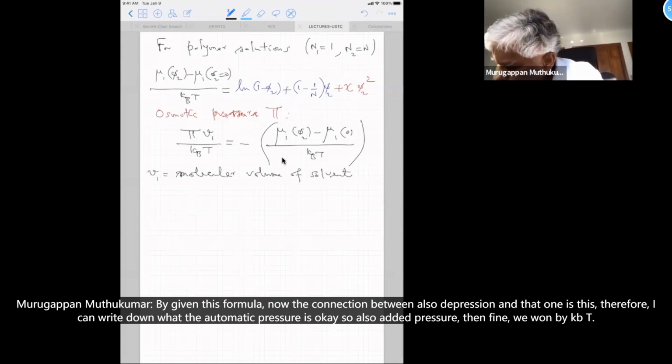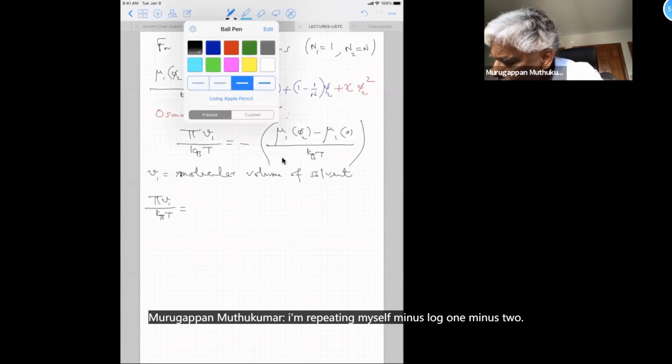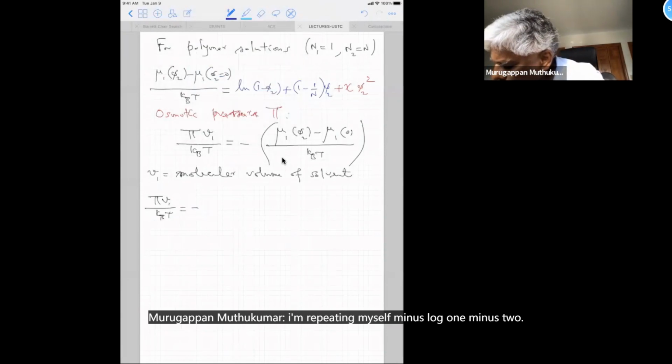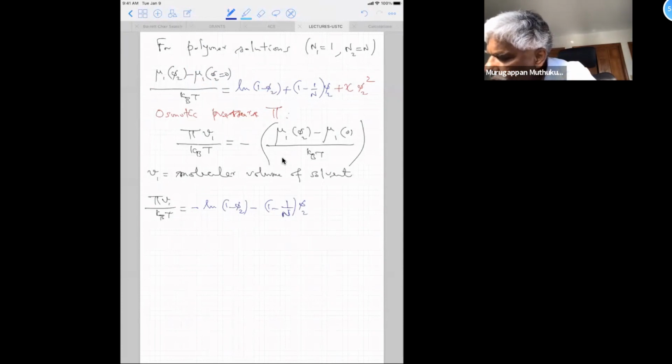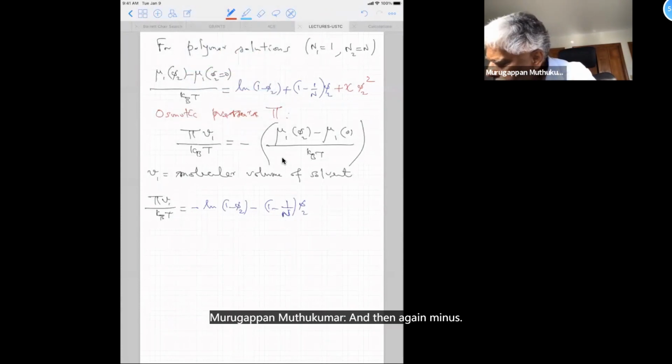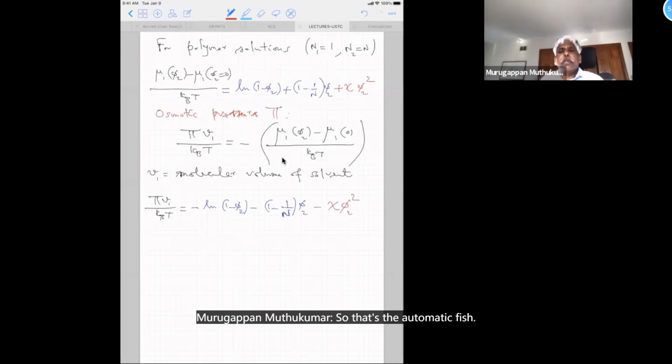Osmotic pressure pi V1 by kBT is equal to, I'm repeating myself, minus log 1 minus phi 2 minus 1 minus 1 over n phi 2, and then again minus chi phi 2 squared. So that's the osmotic pressure.